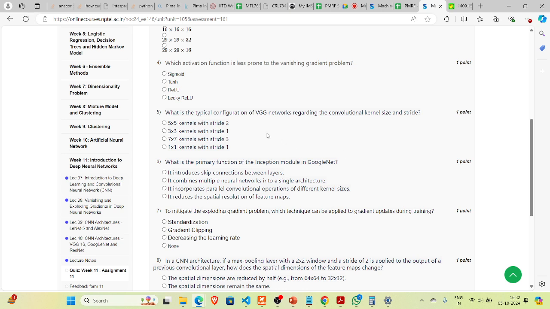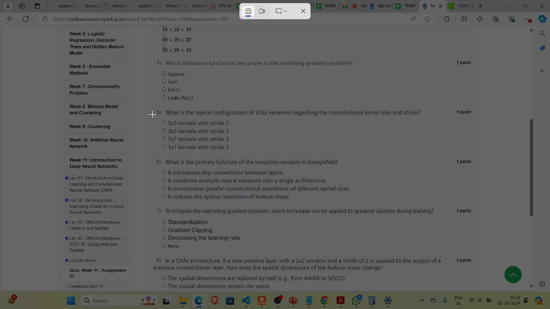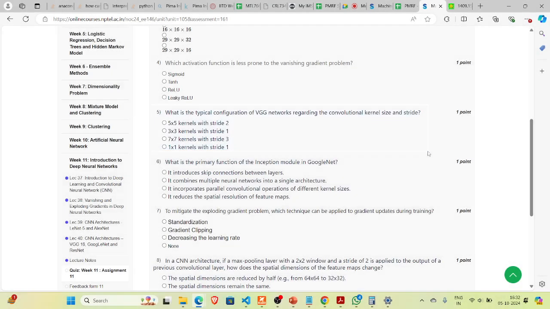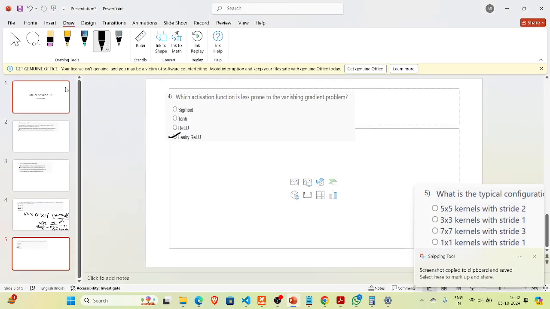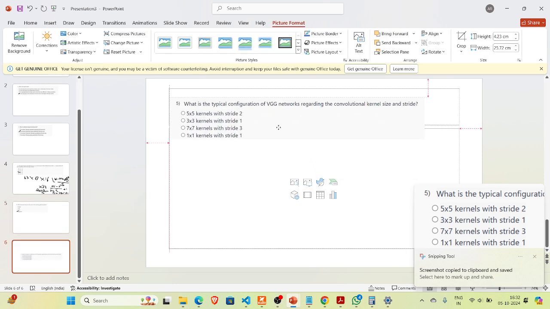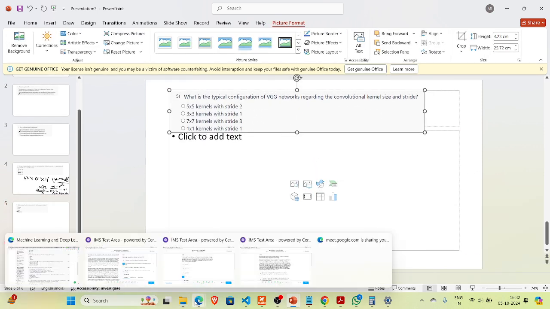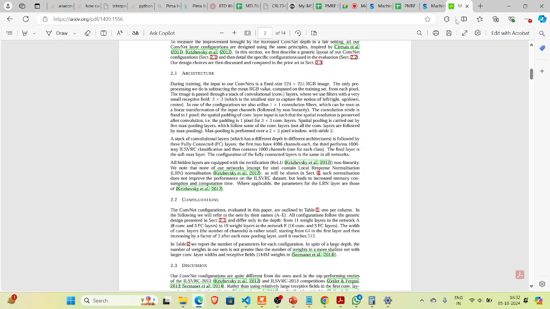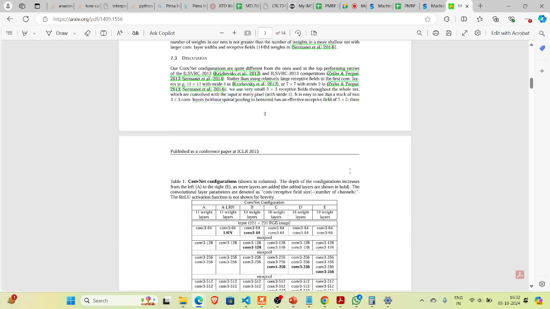So it asks that in VGGNet, what is the size of the kernel and the stride? So we have to find this information from the paper. So let's figure that out.